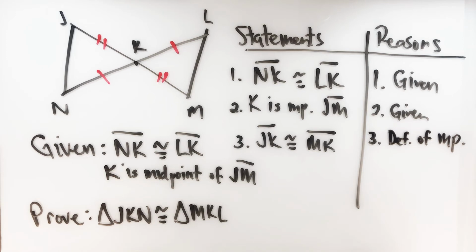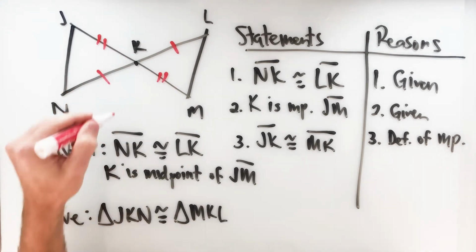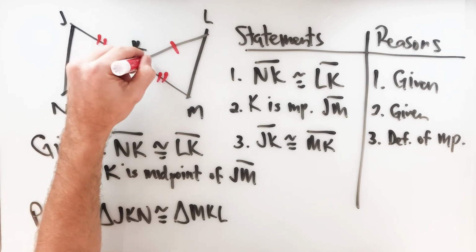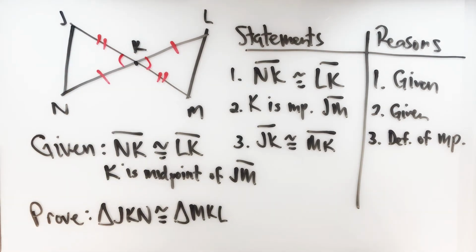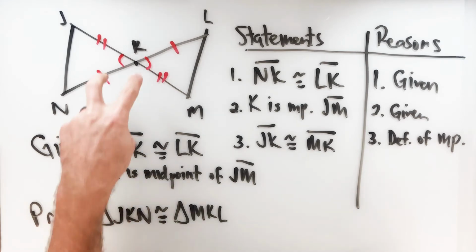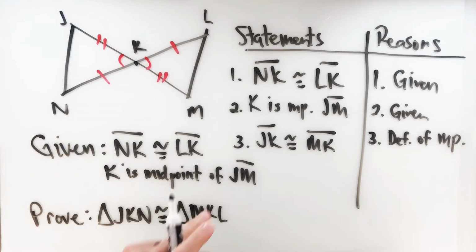Okay, so now we have two pairs of congruent sides, which is a good start. We either need one more side or we need the angle that is in between those two sides. If you look at the picture, I think you can tell pretty quickly, whenever you have this bow tie shape, don't forget vertical angles right here. Vertical angles are always the same. And that's our third piece, the part that we needed. So we marked it in the picture, we know it's true. Let's go ahead and state it.